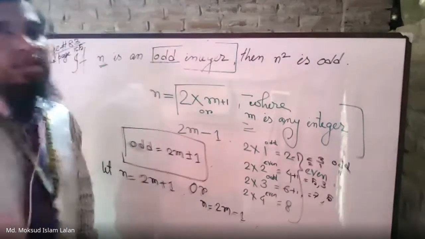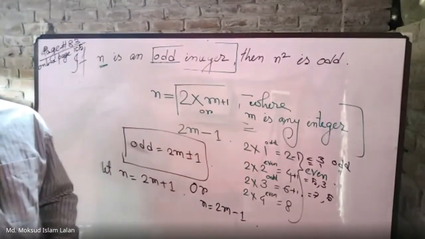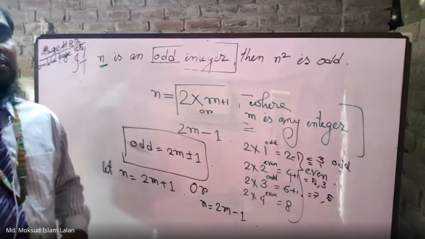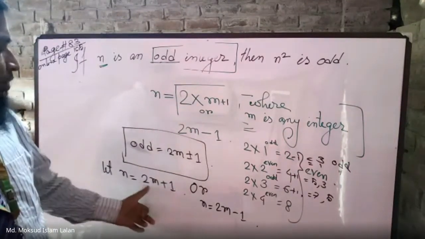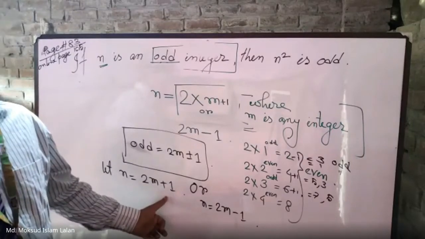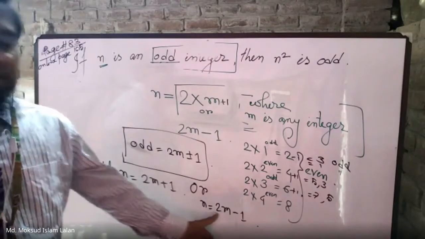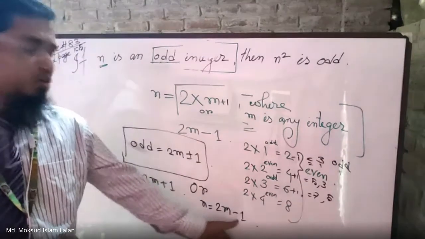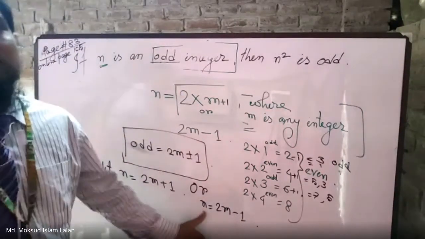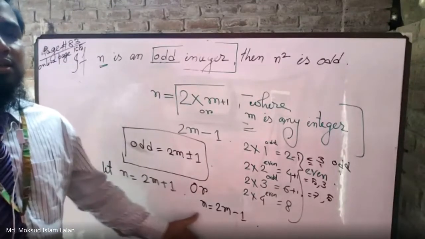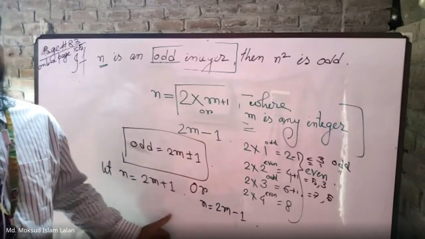So both will be right. Do you understand? Maybe Mr. Sahin, you can consider n equals 2m plus 1, which is an odd integer number. Or Jahan, you can consider 2m minus 1. This is also an odd integer number. So both are 100% right. Is it clear? Yes, sir.